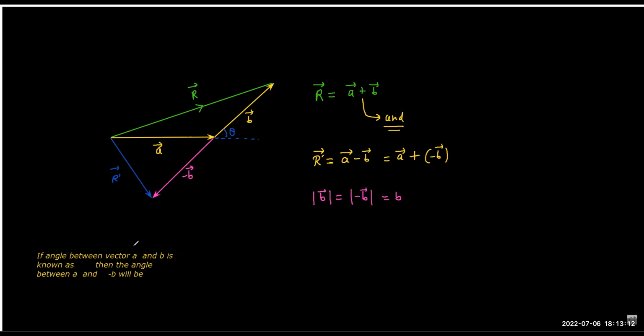So if the angle between vectors A and B is theta, then the angle between vectors A and minus B will be pi minus theta. This is always true.